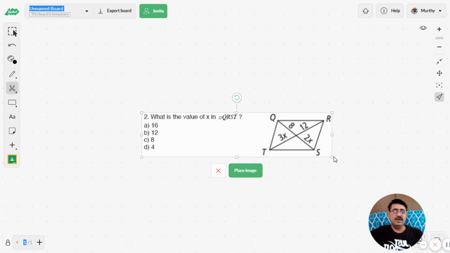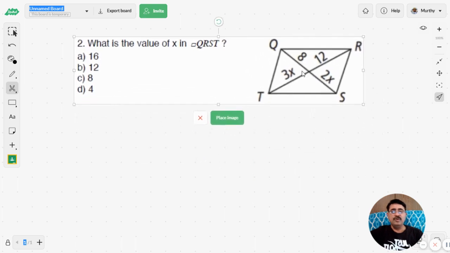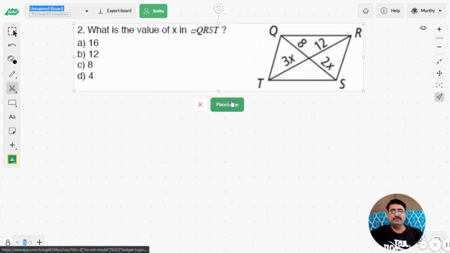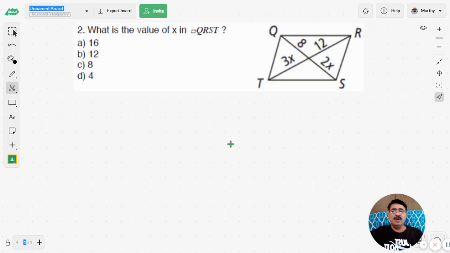Again, this question is related to parallelograms. The question asks: what is the value of x in quadrilateral QRST? Let's assume that this is also a parallelogram. First of all, observe the question. I see that QS is given as 8 and 2x, and TR is given as 3x and 12.